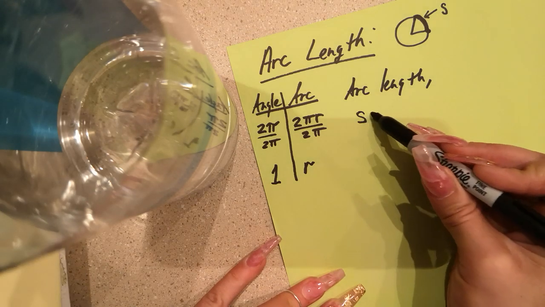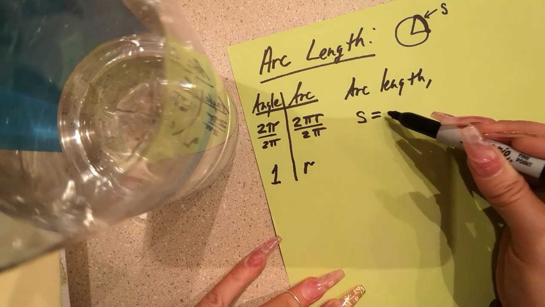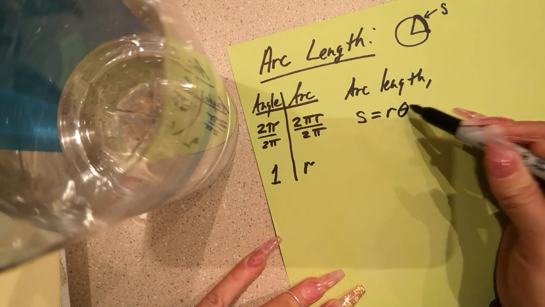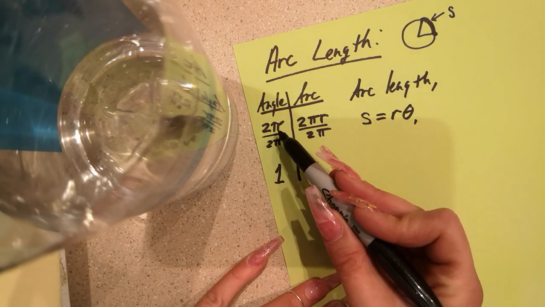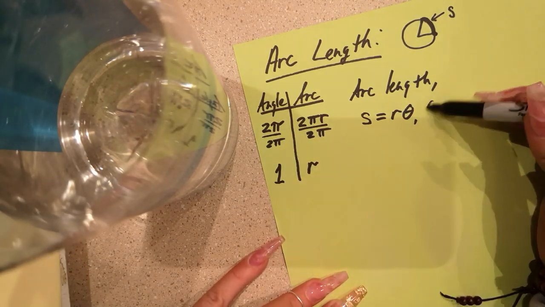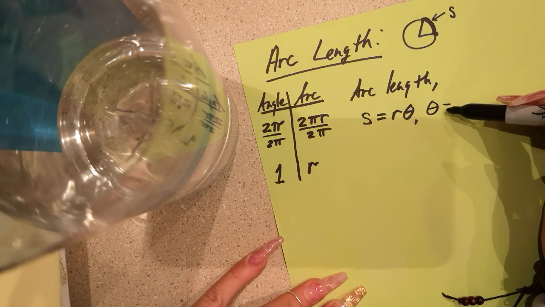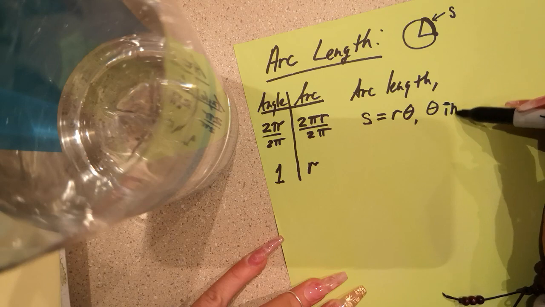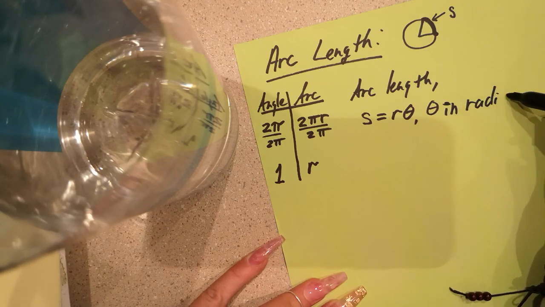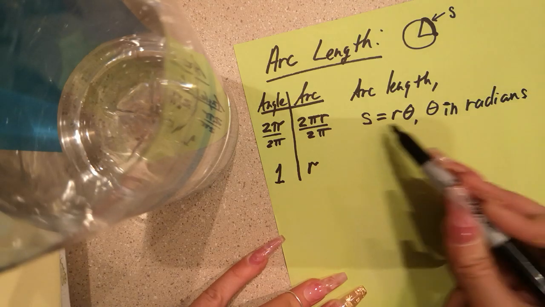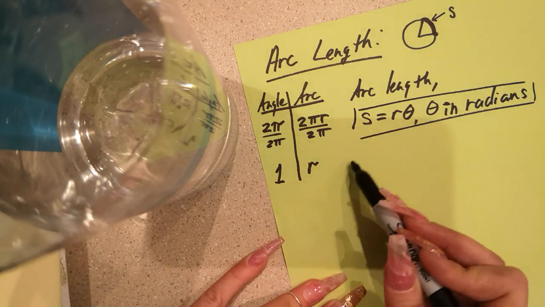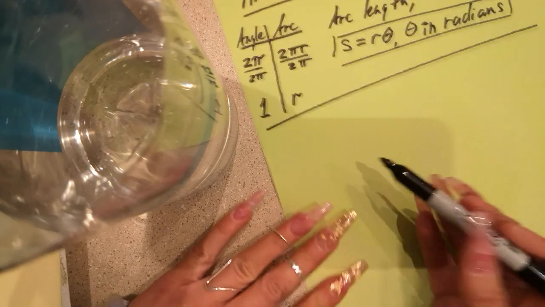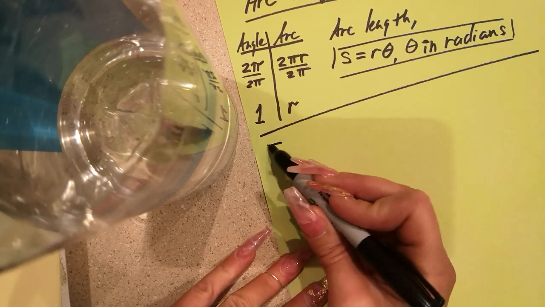All we have to do is take our conversion factor r and multiply it by our angle theta. Now, again, I used the angle 2 pi here rather than, say, 360 degrees. So theta must be in radians in order to use the formula for arc length. But other than that, it's really pretty straightforward.